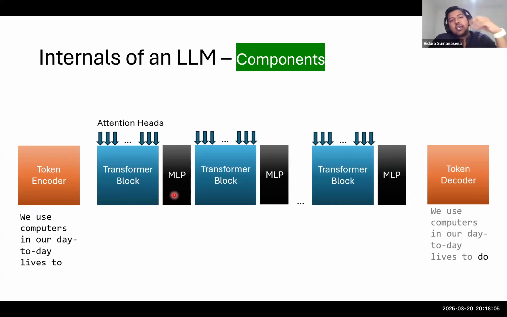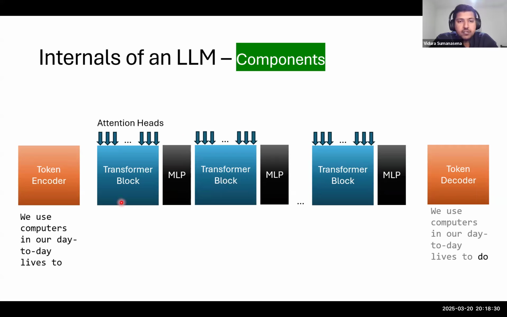The transformer block is more like learning the words and the structure of the sentence, and the neural network is basically the next word prediction. This is based on the initial large language model that was popularized, GPT-3 from OpenAI. So this is the basic structure.